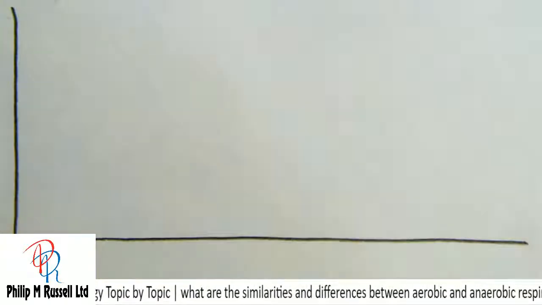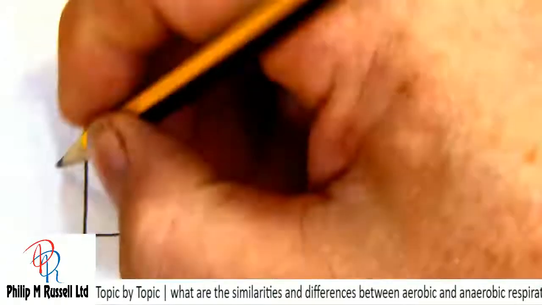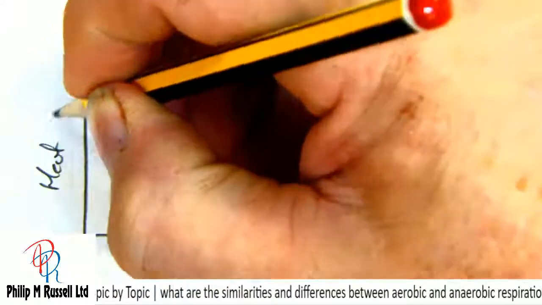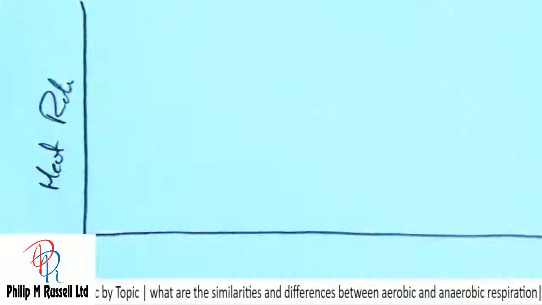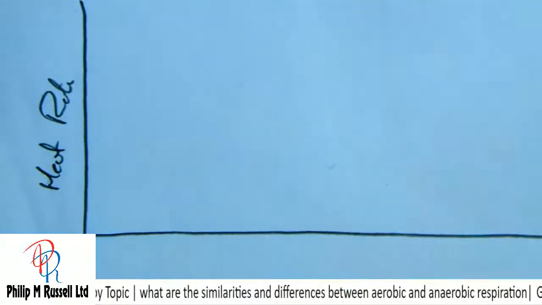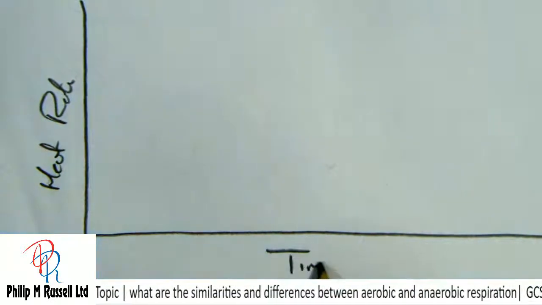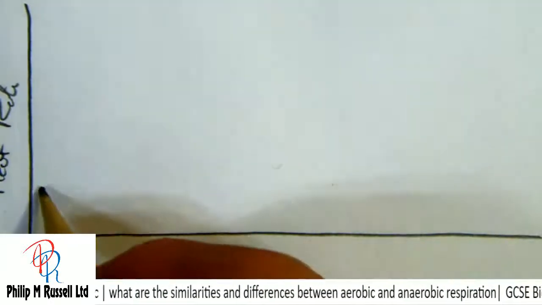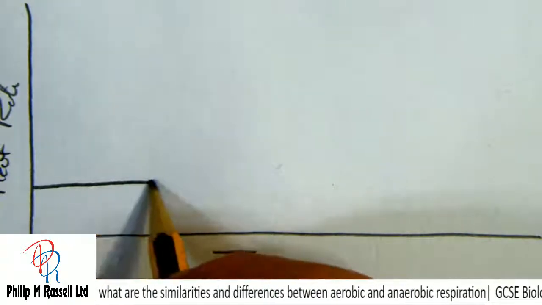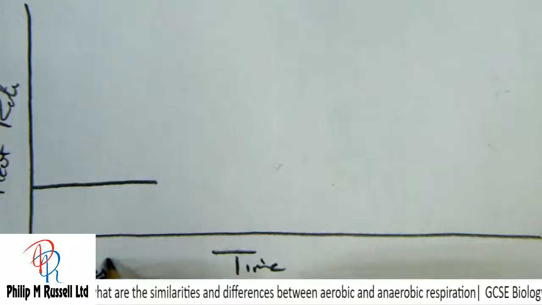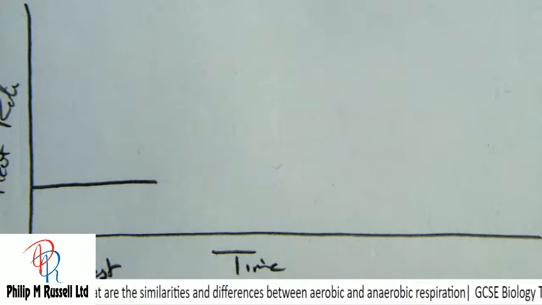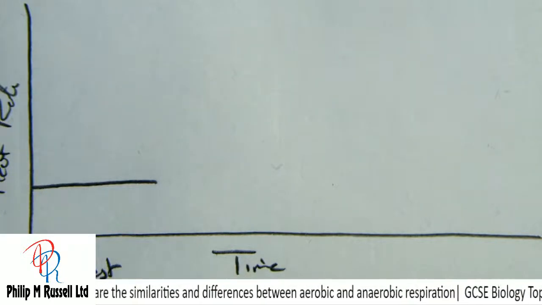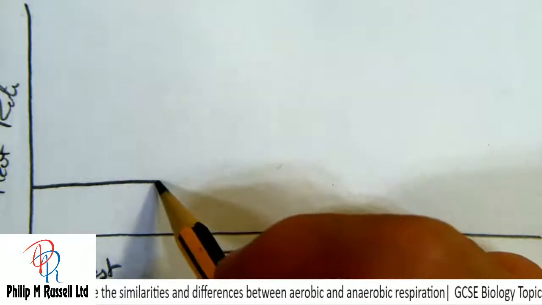So let's come up here with heart rate, and on the bottom we're going to come up with time. So this is my period of rest. My heart rate is low.